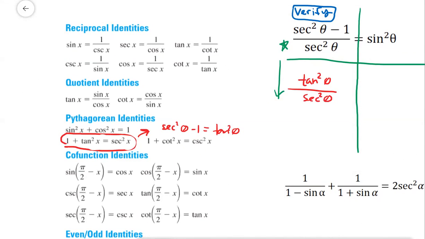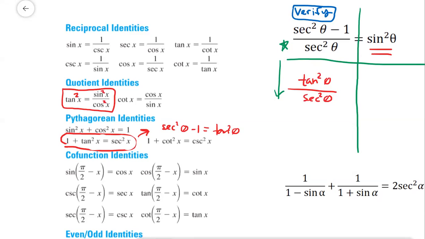Now, once you make that substitution, you're keeping your mind on the goal of sine squared of theta. You have to get this down to a sine. So what I would do is, if you can, transform tangent into a sine and a cosine, and secant into a cosine. If you look under the quotient identities for tangent, if I square this side, that's going to be equivalent to this squared.